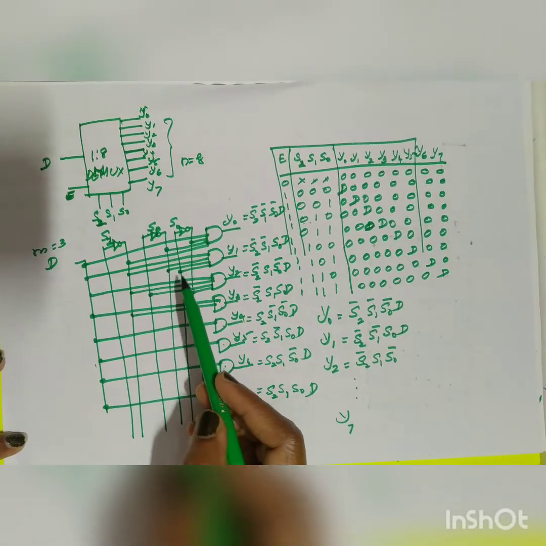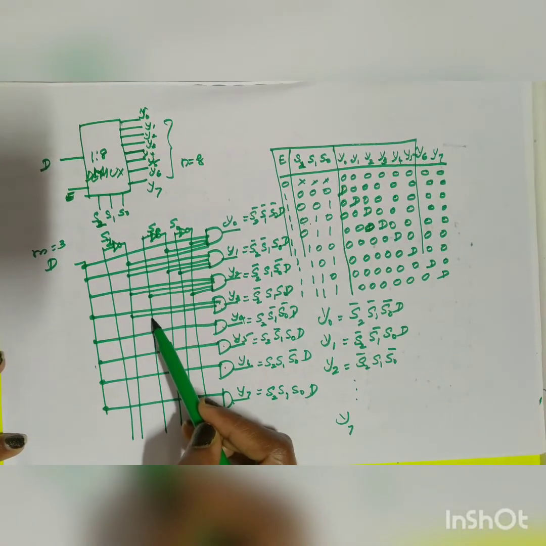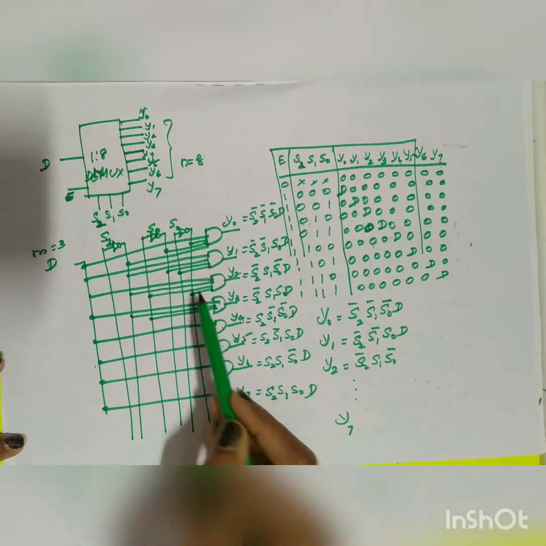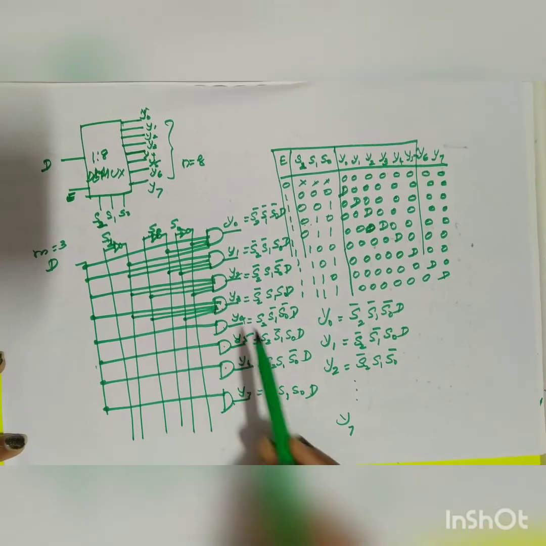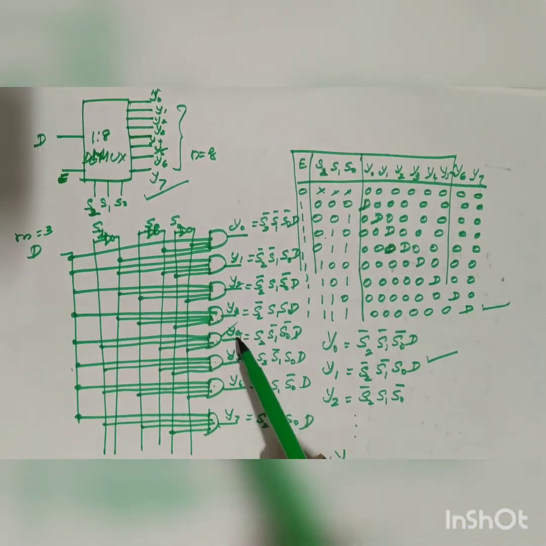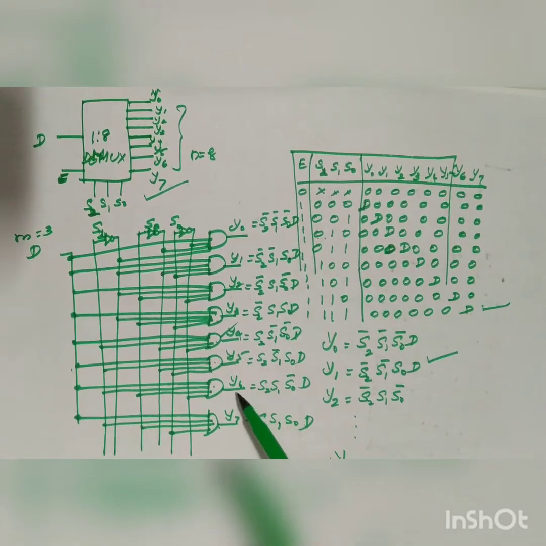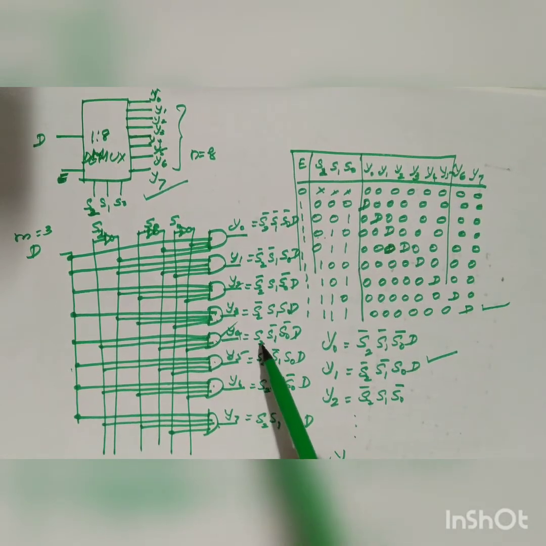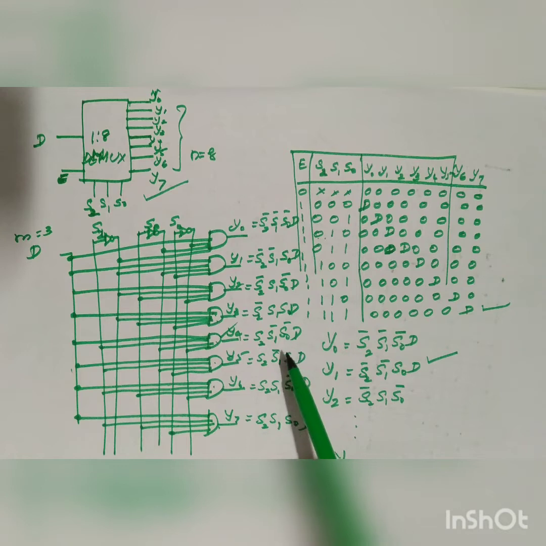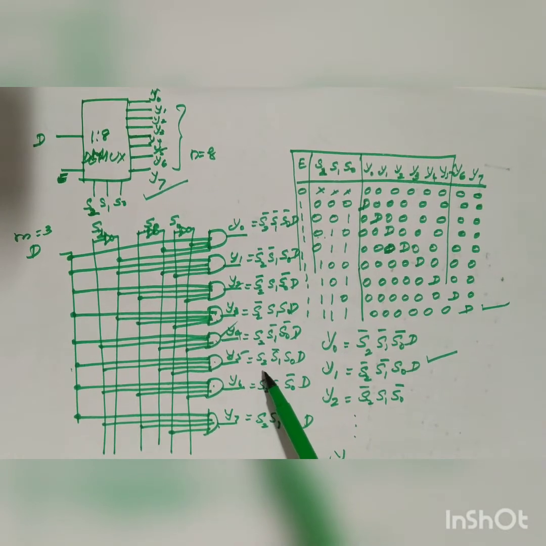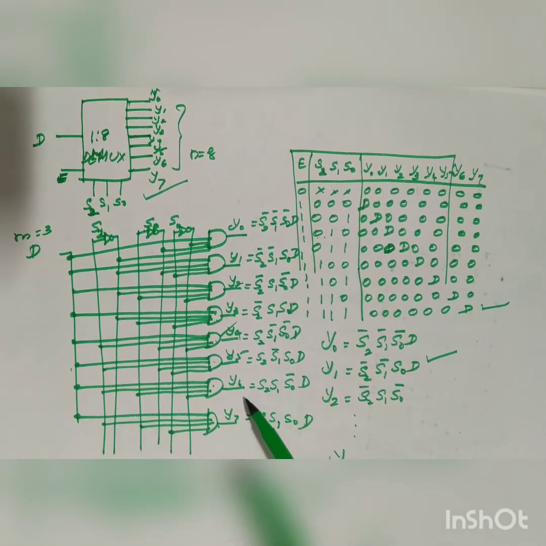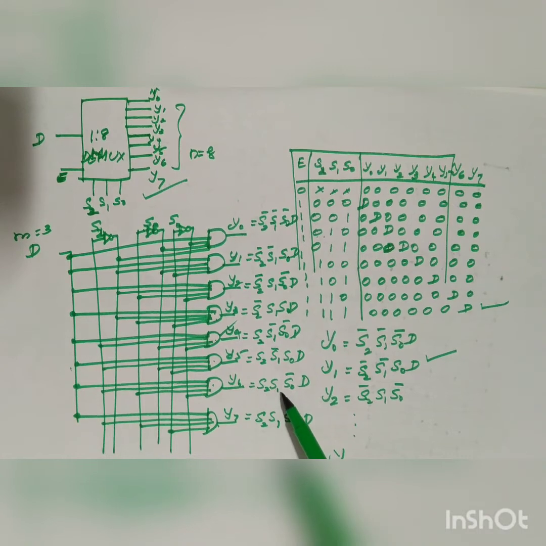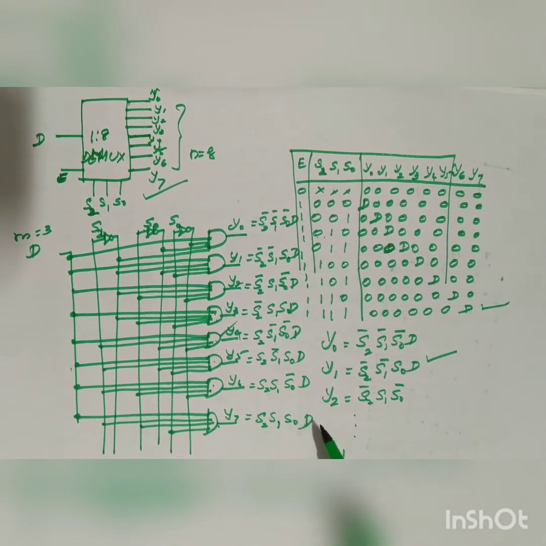Where is your S1? So this is your S1 and S0. Similarly, you can finish it off for your Y4, Y5, Y6 and Y7. Y4 will be S2, S1 bar, S0 bar into D. Similarly, Y5 will be S2, S1 bar, S0 into D. Y6 is equal to S2, S1, S0 bar into D, and Y7 is S2, S1, S0 into D.